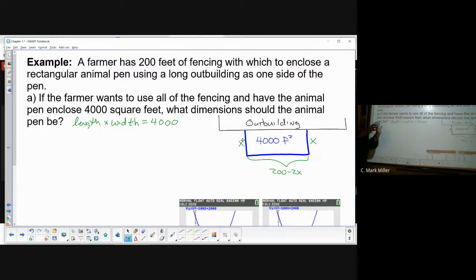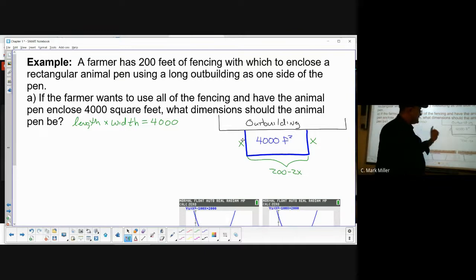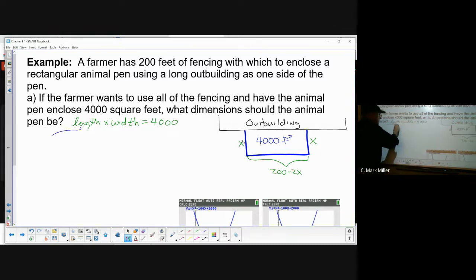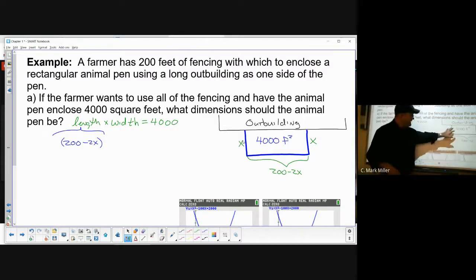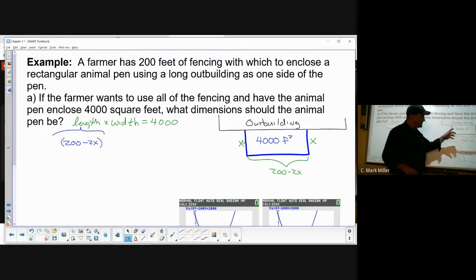So that's kind of in natural language and math. You don't have to do that. But we say, okay, our length, let's call this the length. Our length is 200 minus 2x. See, this is what your drawing allows you to do, because it forces you to name things. It forces you to call something x.